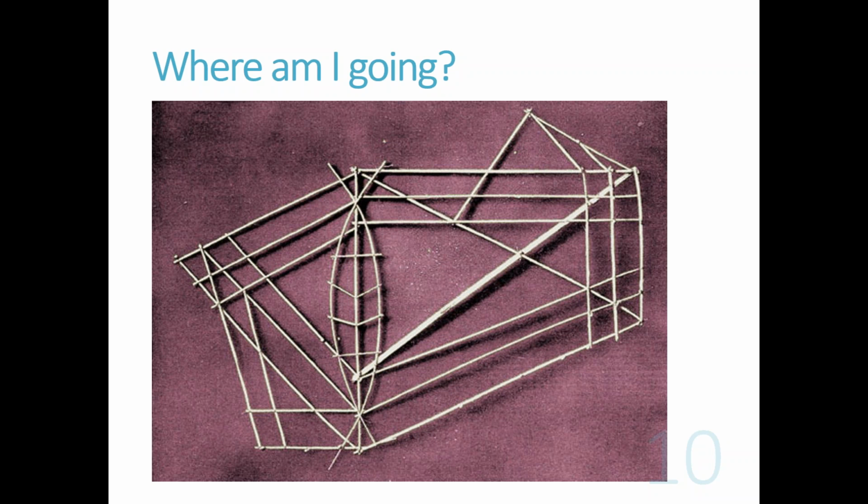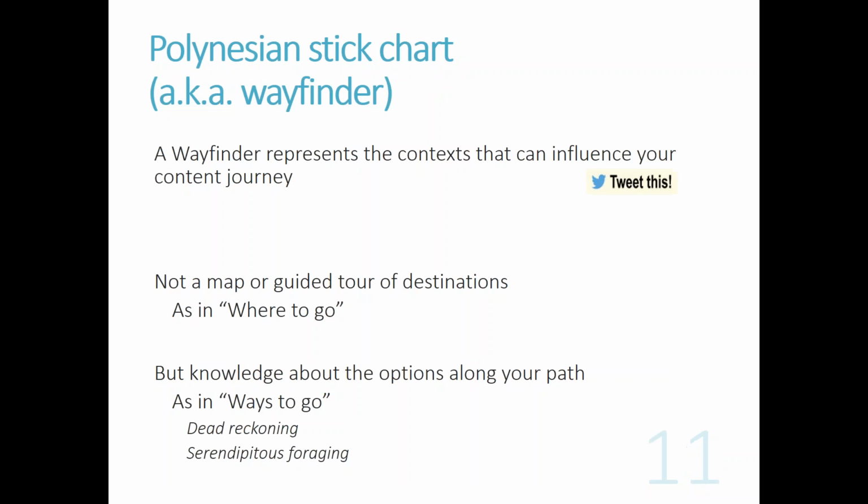Rather, it depicts things that are characteristics of the environment that you're sailing in, like the wave height, current direction, wind direction, all features that from the background of knowledge you have of the sea gives you an idea of which way and how you may aim your boat to get to another destination somewhere further down the route. So it's not a map or a guided tour of destinations as in where to go, but it's more about what are the ways to go.